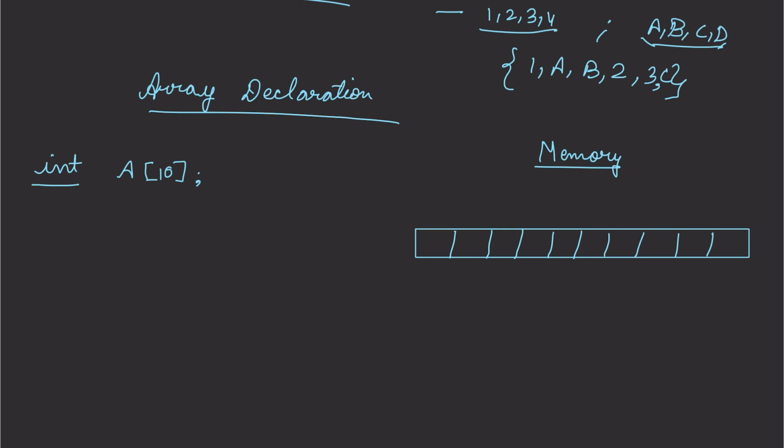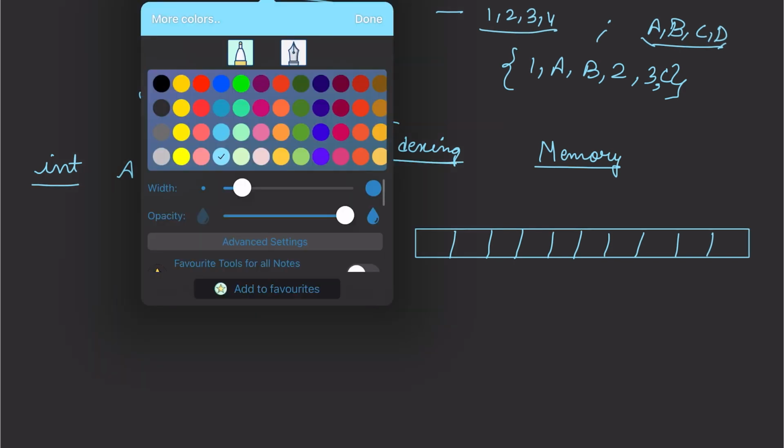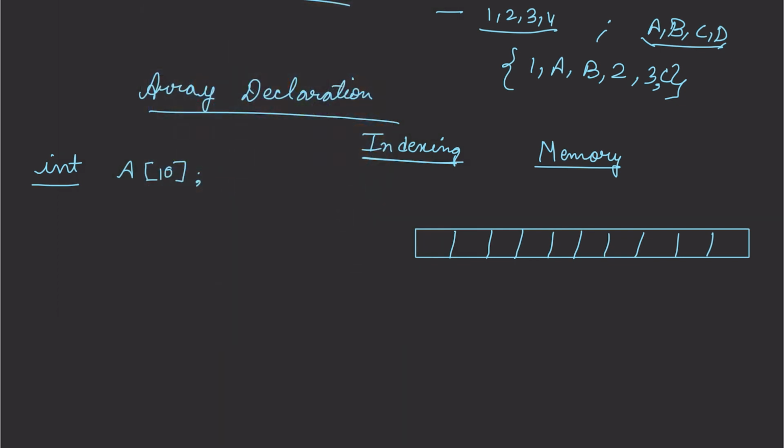The main thing in performing operations on an array is that we must bear in mind the indexing. It is the most important part of the array. Why is it the most important? Because in performing any operation on the array, we must know about the indexing.